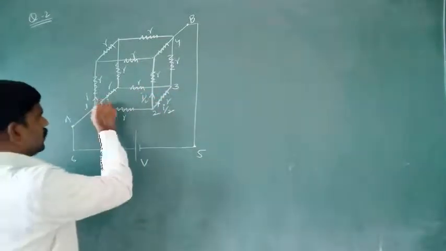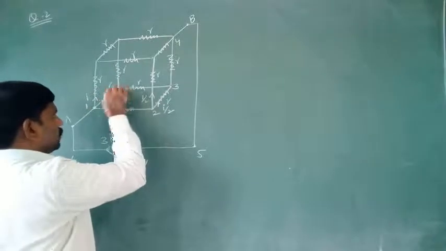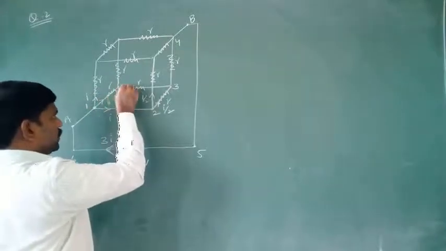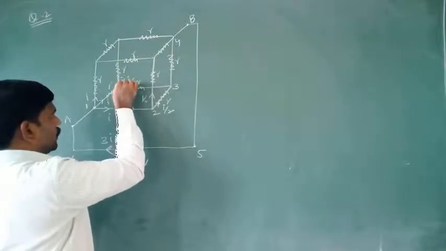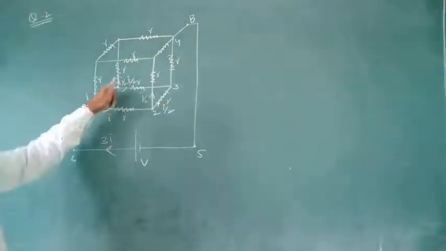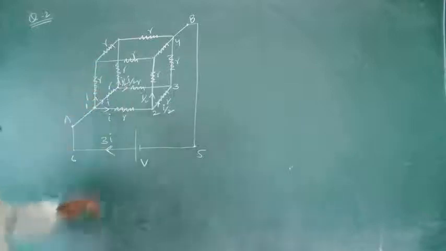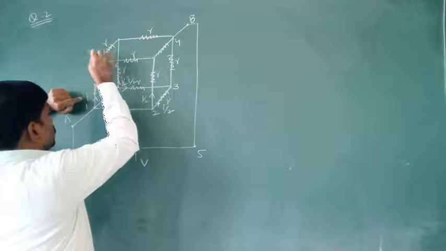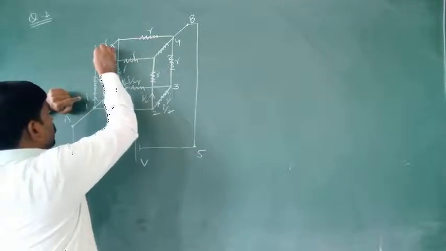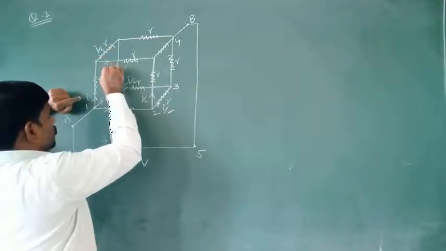Similarly, when the current passes through this resistor and approaches the next junction, here is I by 2 and here is also I by 2. Next, at this junction, this is I by 2 and this one is also I by 2.